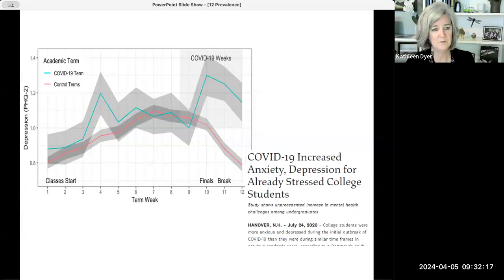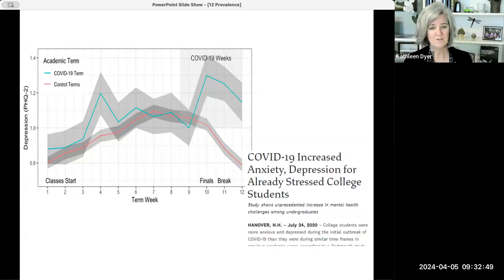But if you look at the blue line, that is during a COVID-19 term, one of the terms. Then we were forced into remote instruction, and there was a lot of sickness and fear around us. And you can see that the blue line is in many places higher than the red line, and especially right there around finals, you can see it's a lot higher on average.